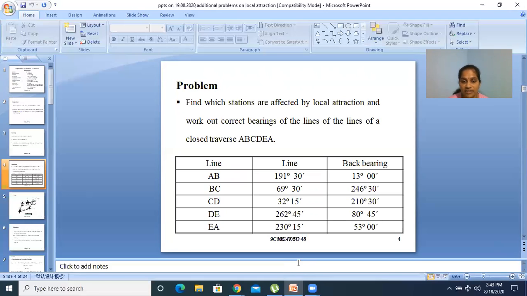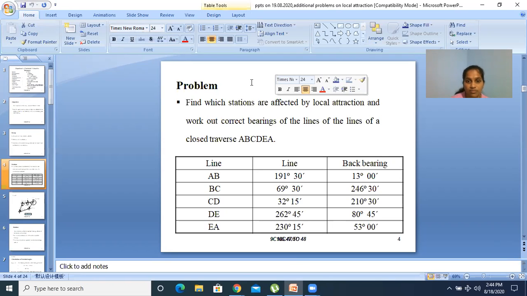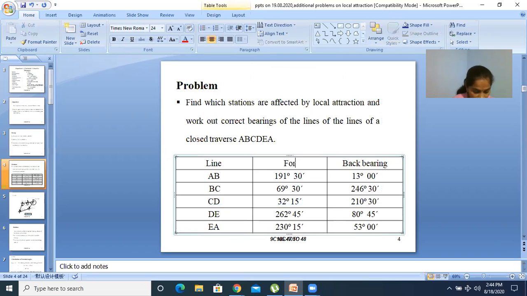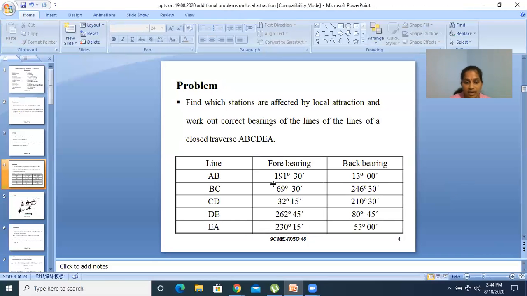These are the forebearings of the lines, and these are the back bearings of the lines. For line AB, the forebearing is 191 degrees 30 minutes and the back bearing is 13 degrees 00 minutes.